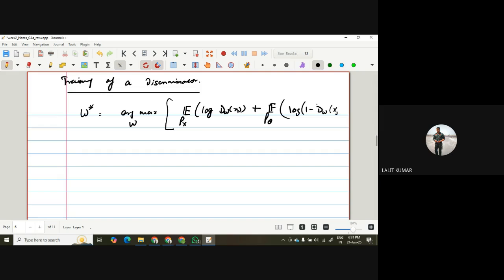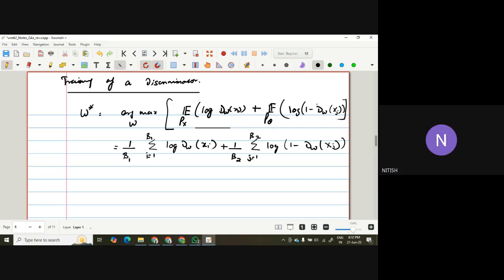This is Xi and this is Xj. Now, when you are passing the samples in batches, here you are passing beta 1 samples, so this will become 1 over B1 summation of log of dw xi, i is equal to 1 to B1, plus 1 over B2 summation of log 1 minus dw xj, j is equal to 1 to b2. This is okay?